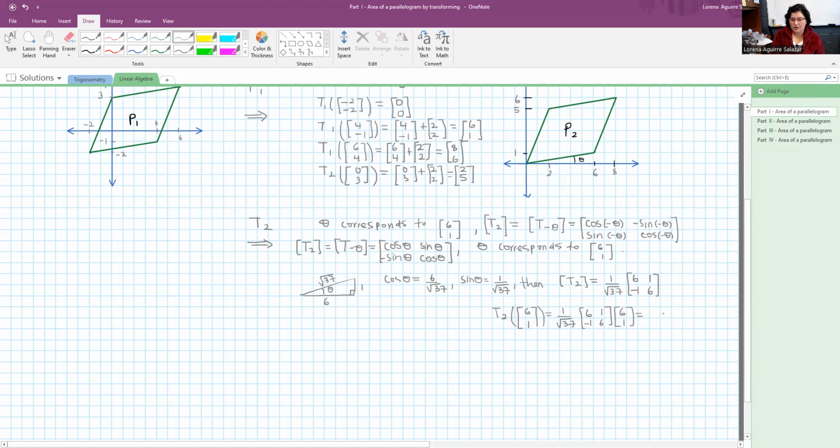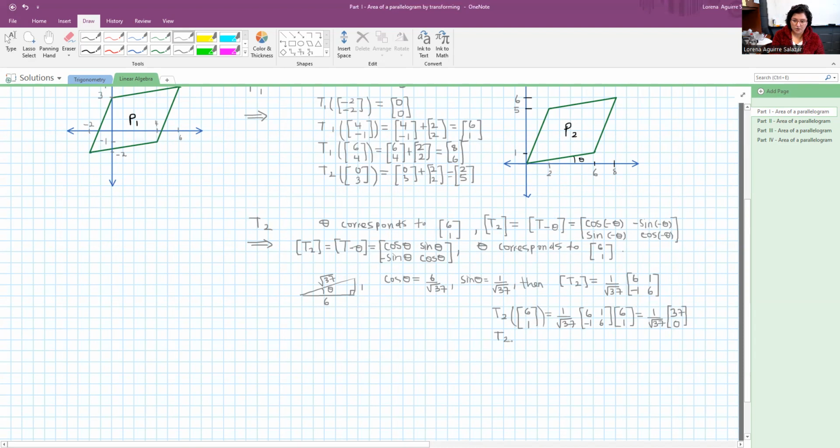This way we obtain 1 over root of 37, and then 6 times 6 plus 1 times 1 gives us 37. And in the y component, we get negative 6 plus 6, so that's 0. That's the new vertex, the vertex after the transformation, corresponding to 6, 1.